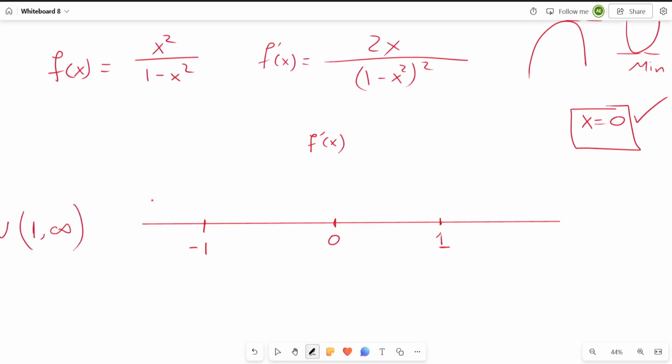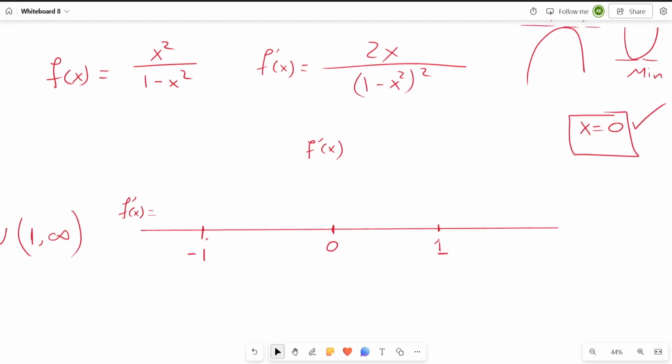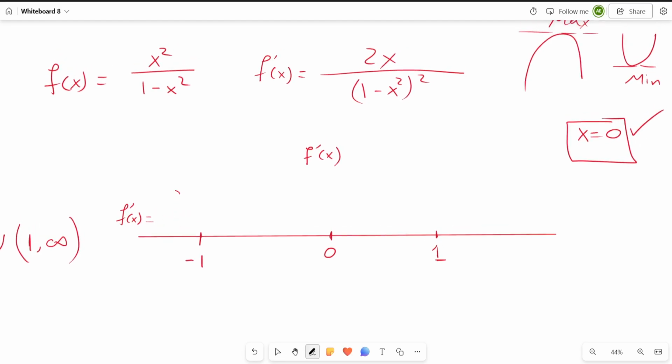So over here, f dash of x is going to equal what? Let's take any random point over here and substitute it into f dash of x and see what the sign of f dash of x is. Let's say I'm going to take a point which is x equals -2.